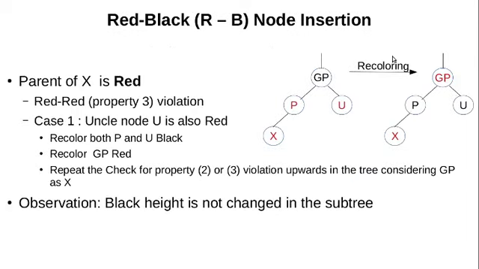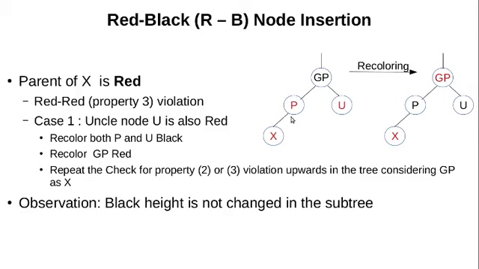Now we consider the case when the parent of node X is red. As X is also red, this generates a red-red violation in the tree. Before discussing this further, let's define a few notations.